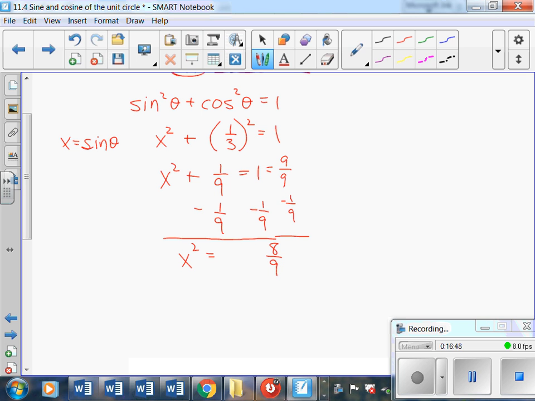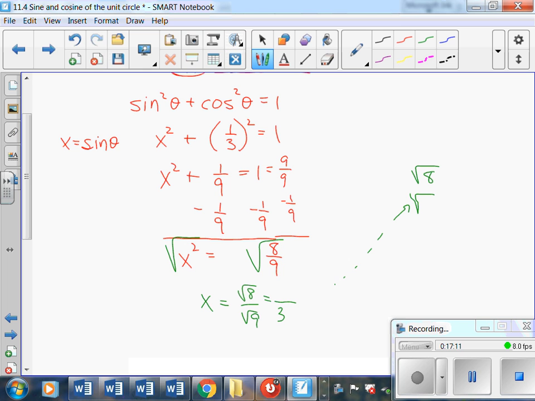Now you have to make sure, don't forget this last one. You have to take the square root of both sides, since we're solving for x. So x equals the square root of 8 over the square root of 9. The beautiful thing is the square root of 9 is 3. But that square root of 8, do you remember when we did the square root of 8 and we had to simplify it because it says simplest radical form?